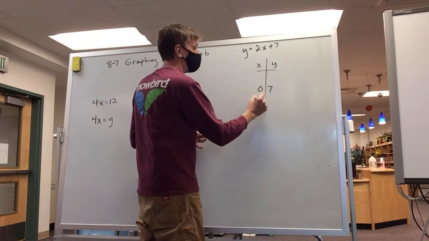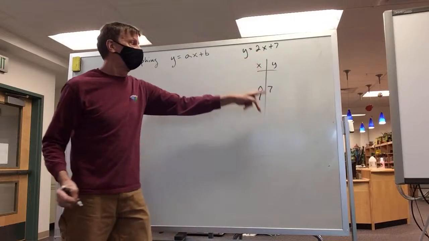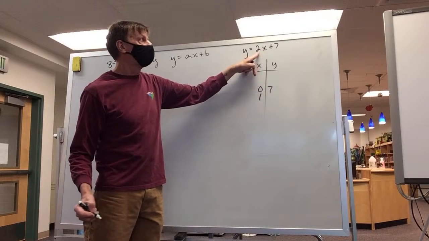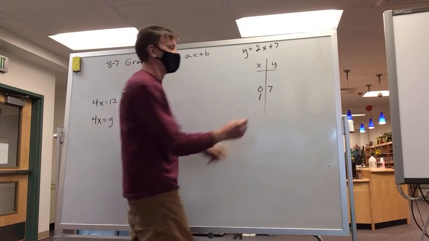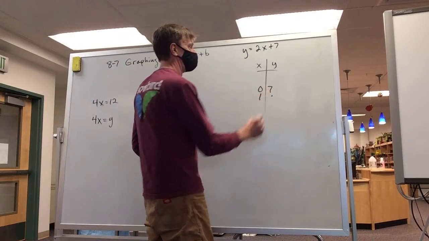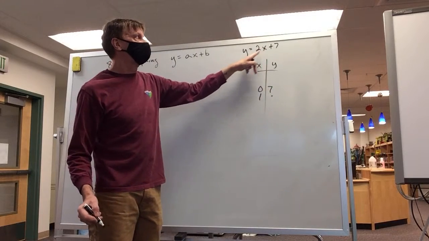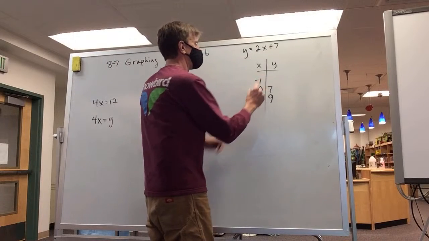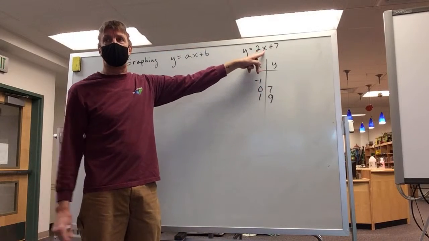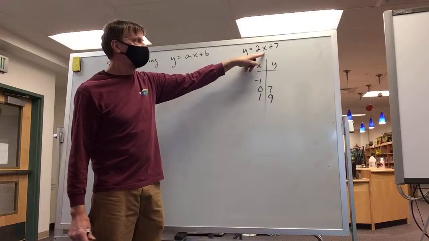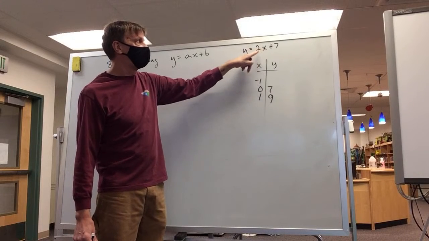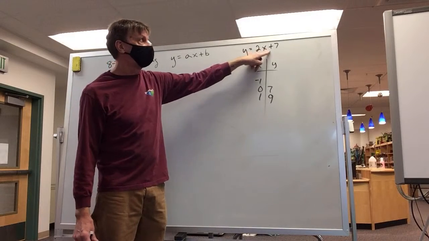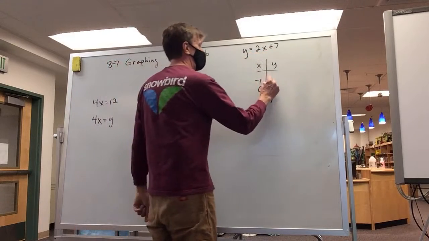If x is equal to 1, what's the y value going to be? 1 times 2 plus 7, 9. If x is equal to negative 1, take your time. Negative 1 times 2 is negative 2, plus 7 is 5.